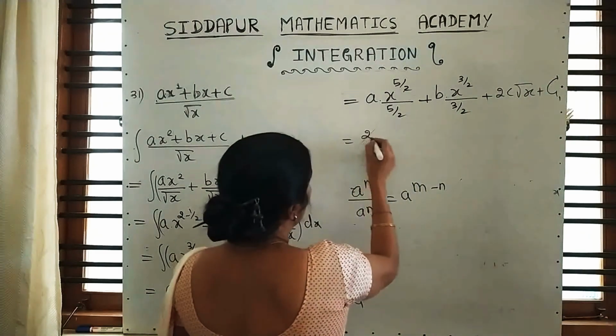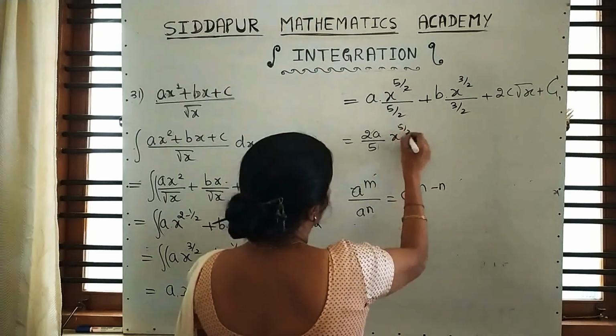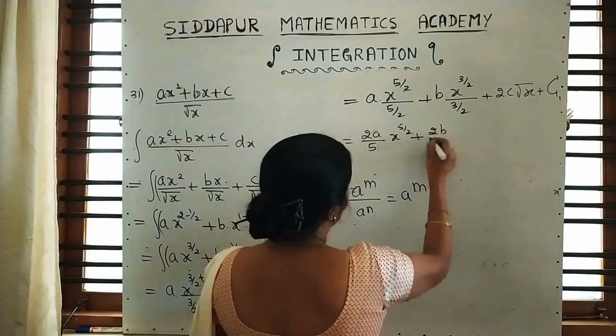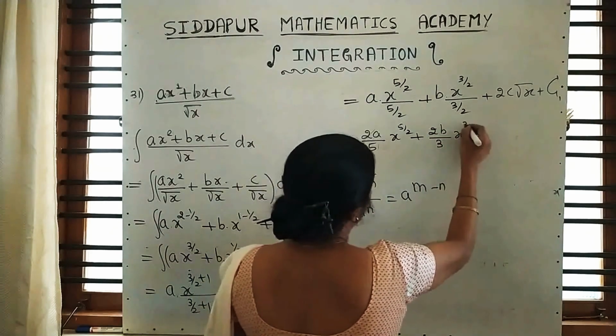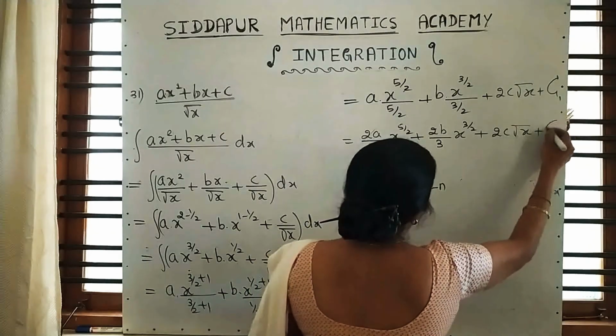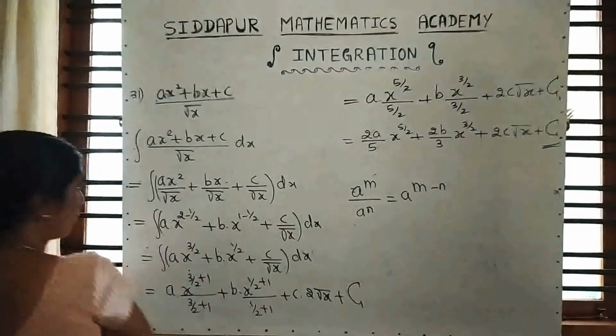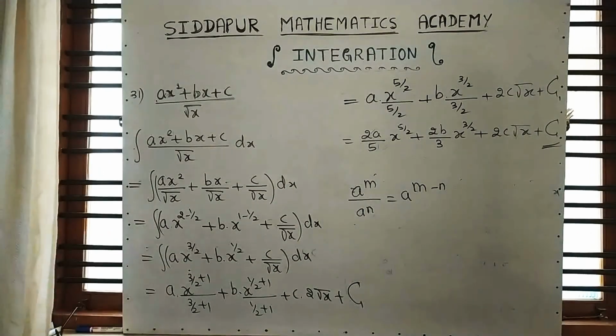So it is 2a upon 5. That fraction goes in the numerator. This is the answer. Moving to the next question, that is question number 32.